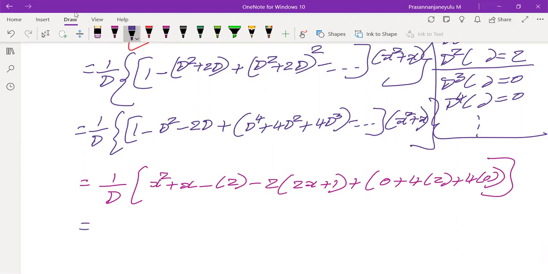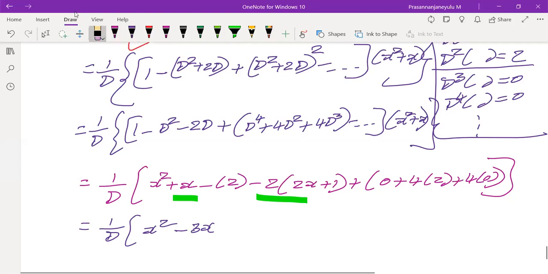So 1 by D of, now I am writing the highest term, x square. What is the next x terms? x minus 4x only. So what do we get finally? Minus x minus 4x is minus 3x. Next, we have to take only the terms which do not contain x.